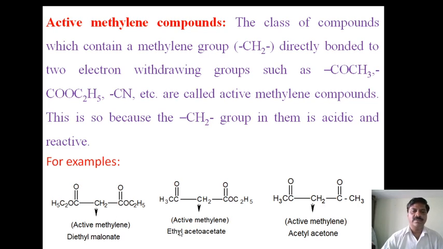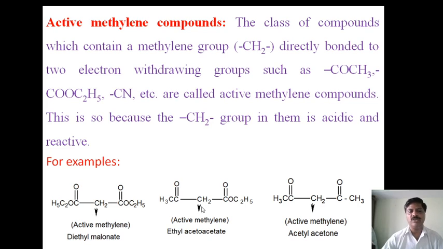Another example, ethyl acetoacetate. This is the ethyl acetate part, and this is the methyl ketone part, in between which the methylene group is present. These are all strong electron withdrawing groups. Therefore, it is more acidic in nature and easy to undergo a reaction.